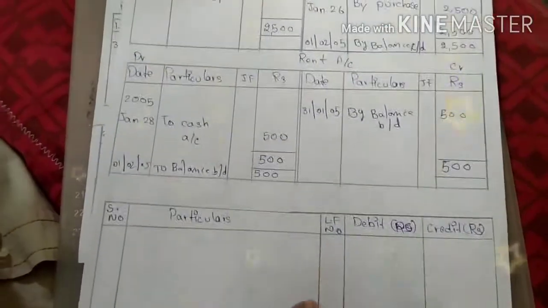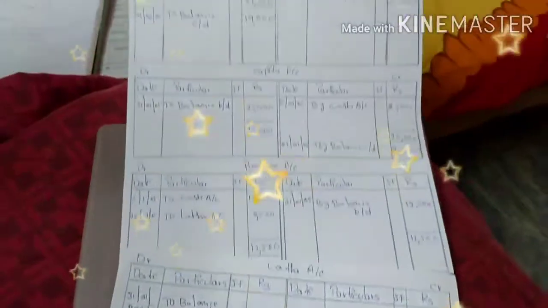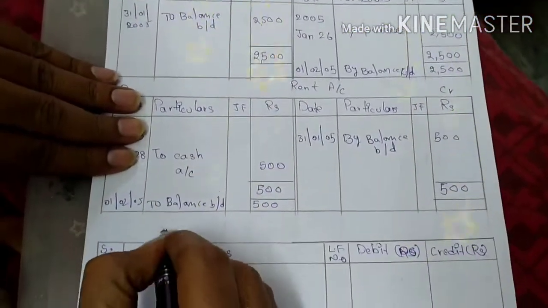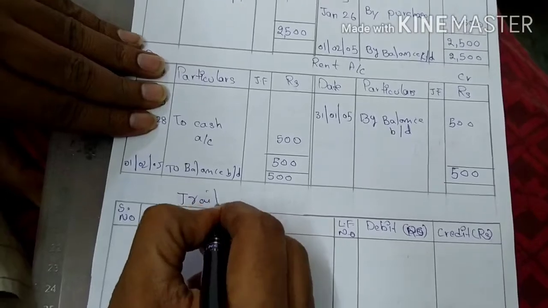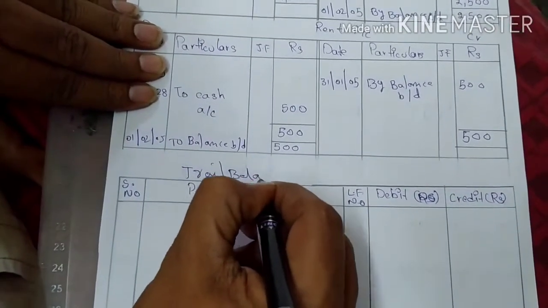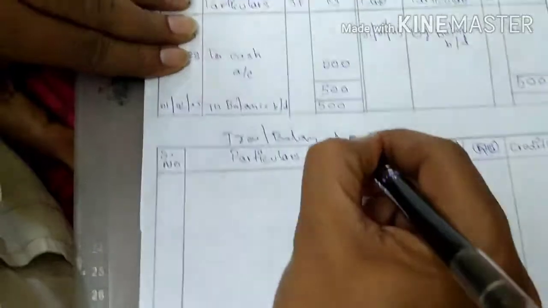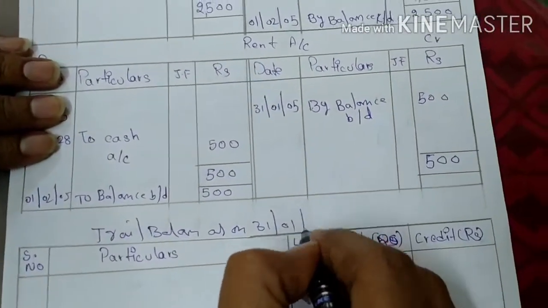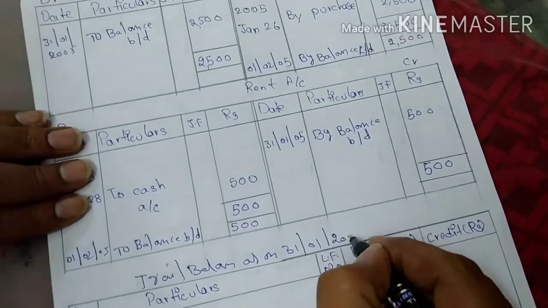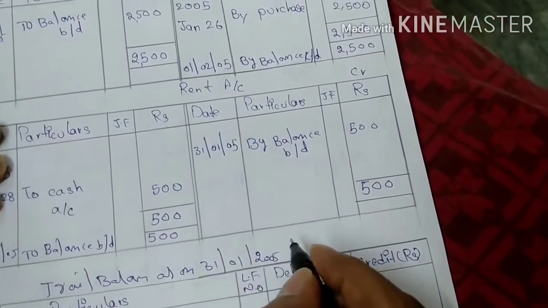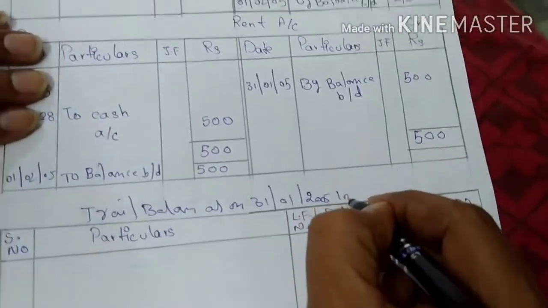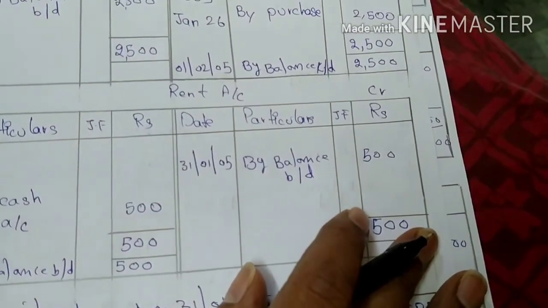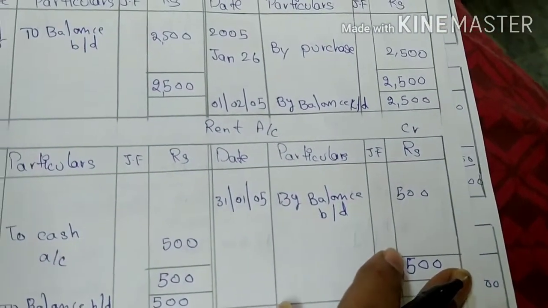Based on these ledger accounts, we are going to prepare the trial balance. Trial balance as on 31st January 2005 in the books of Nilima.